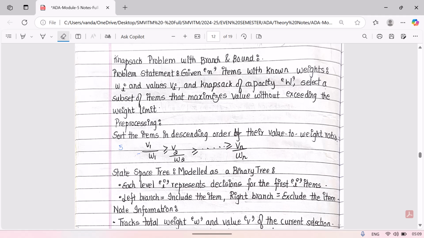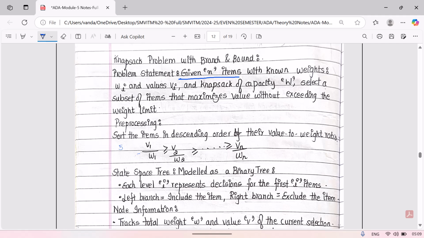See the problem statement here. Given n items with known weights wi and values vi. Value means each product will have its value. And there is a knapsack capacity of capital W. Select the subset of the items that maximizes the value without exceeding the weight limit.